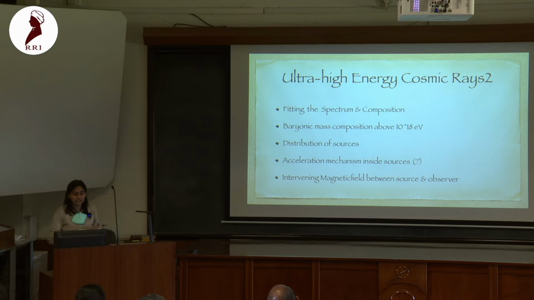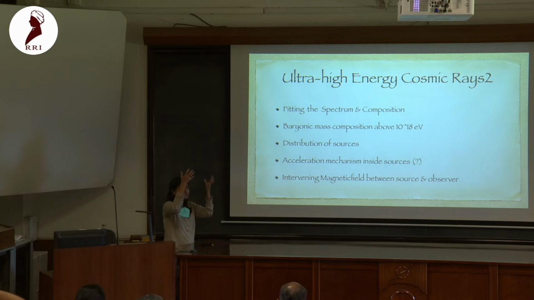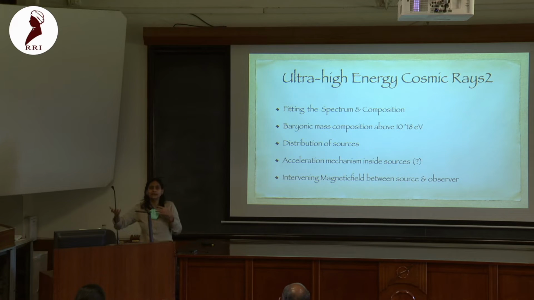When you do the simulation, you have to take into account a realistic picture: what happens when particles pass through the ISM, magnetic field, radiation background, fragmentation, photodisintegration. Everything you have to incorporate. There are programs available, but you have to fine tune them according to your problem.